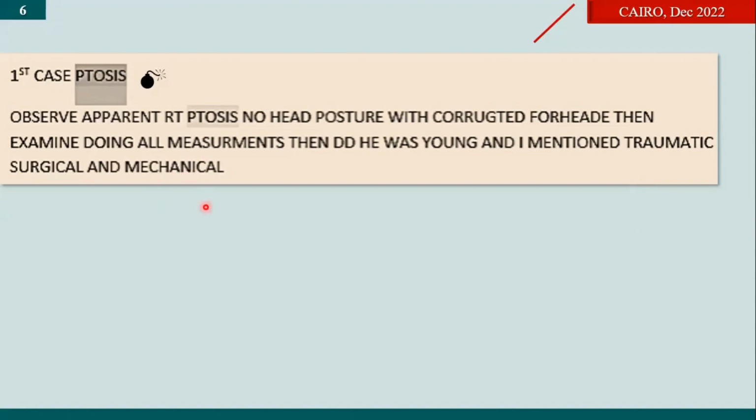Regarding mechanical, we usually describe mechanical when we have a mass or other finding. So if you didn't notice any mass lesion or any sign suggestive of orbital pathology, I think you should not mention mechanical here. And trauma, there might be scars, so you have to be careful about any evidence of scars. But again, in order to diagnose trauma and surgery, you need history. So usually try to convey your thoughts to the examiner.